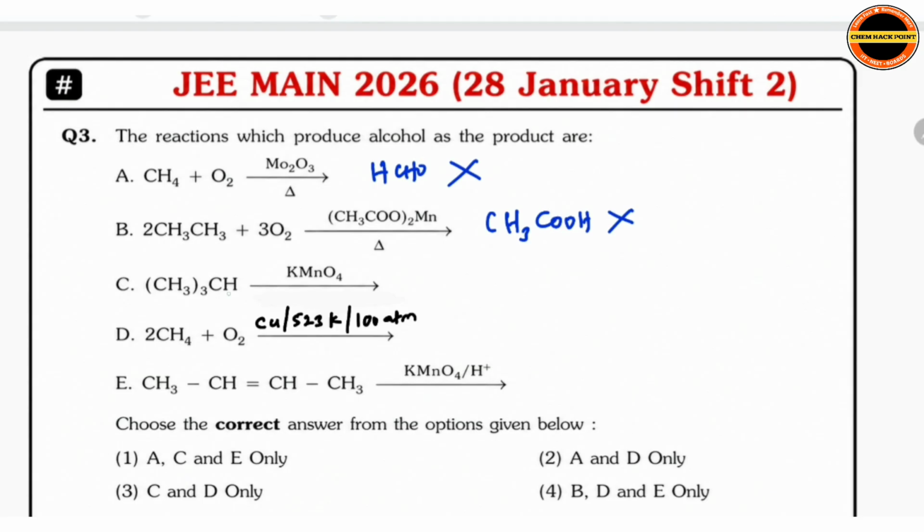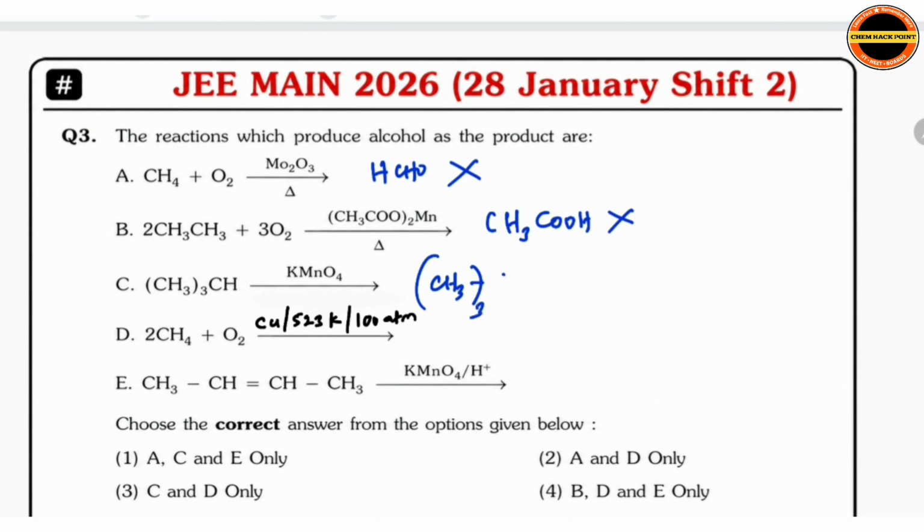Next, tertiary butyl: see, a tertiary hydrogen is available here. In the KMnO₄ reaction, the tertiary butyl undergoes oxidation to produce tertiary butyl alcohol. Here you will get alcohol.